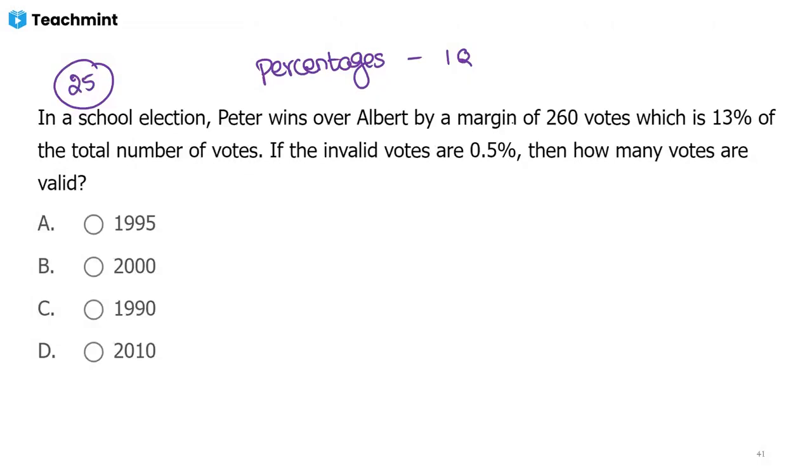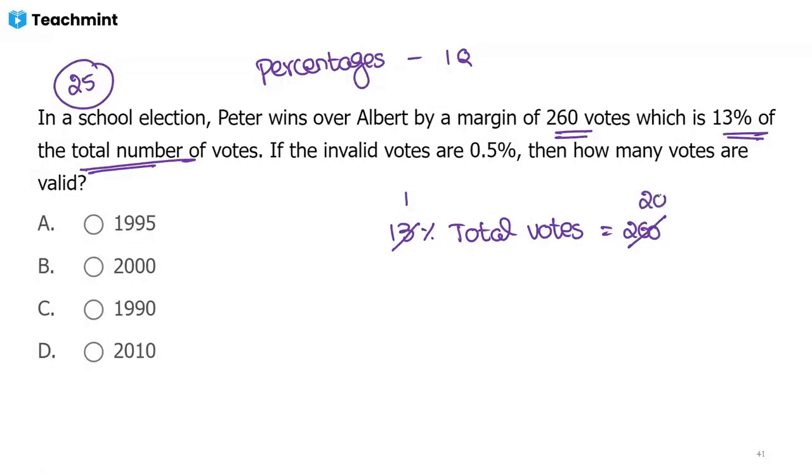Peter won by 260 votes. That is 13% of total votes. They gave it in the question directly. Peter got 260 votes extra. That is 13% of total votes. Okay, 13% of total votes is 260.